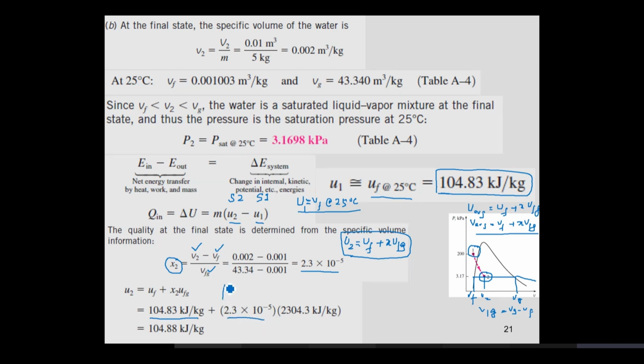X value I have found out from this equation, and this is Ufg at 25 degrees centigrade. Once I have U2 and U1 known to me, I'll plug them into this equation, mass multiplied by U2 minus U1, and this would give me the heat transfer that took place during the process. All right.